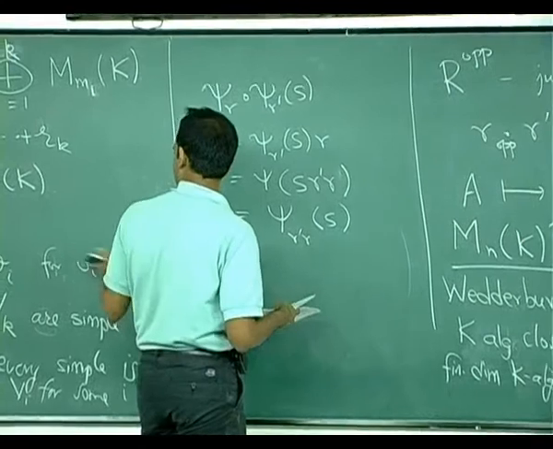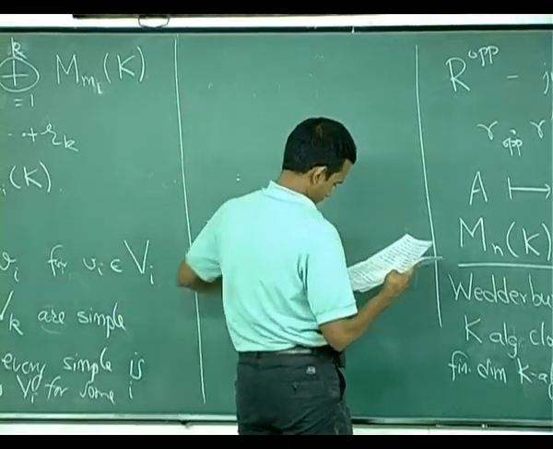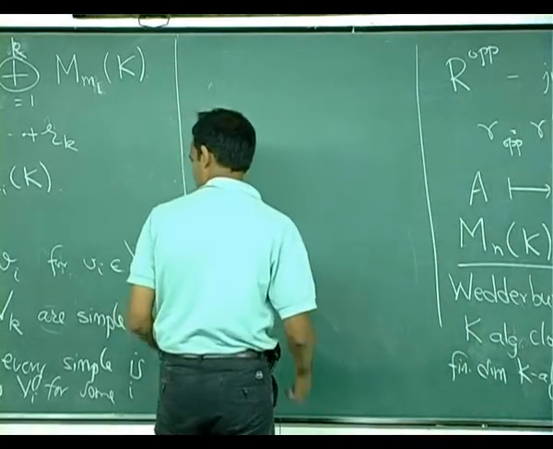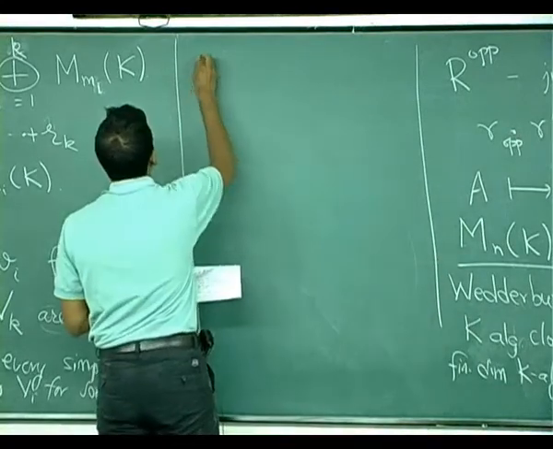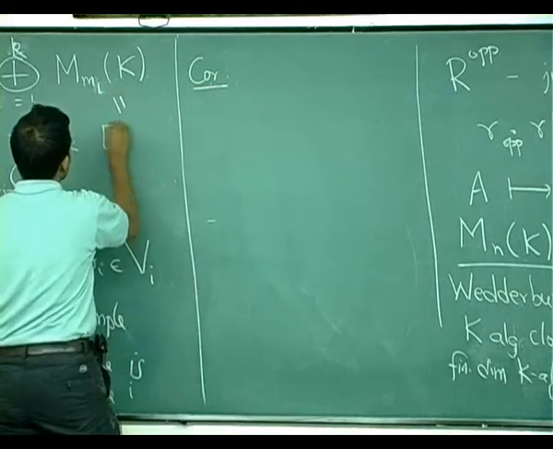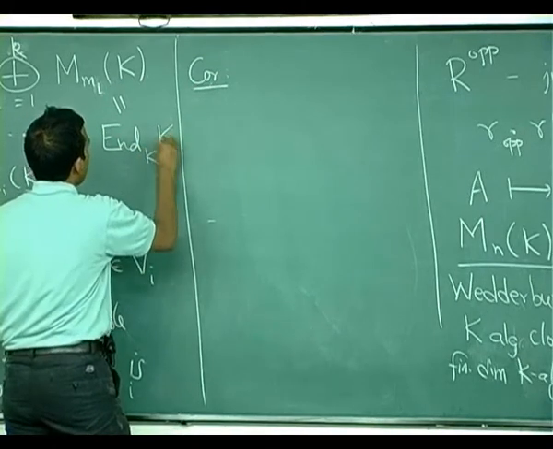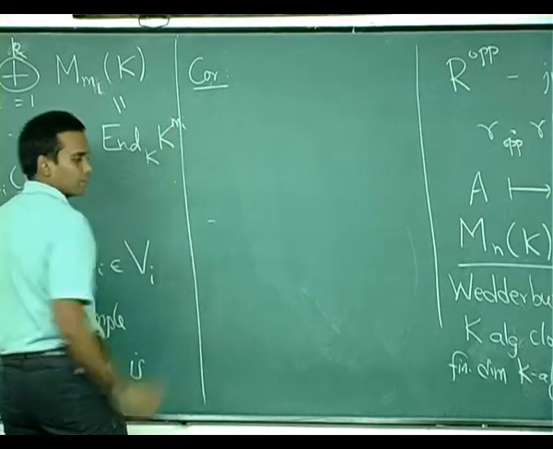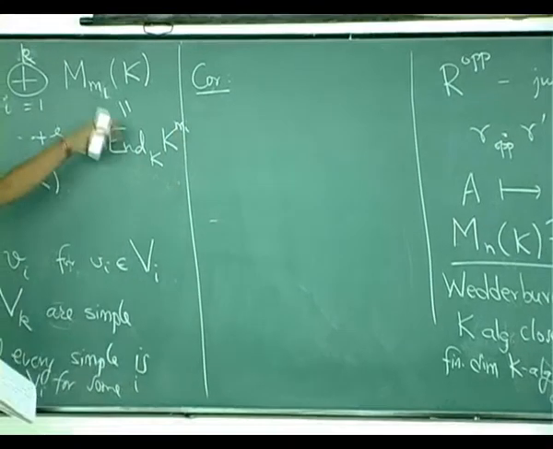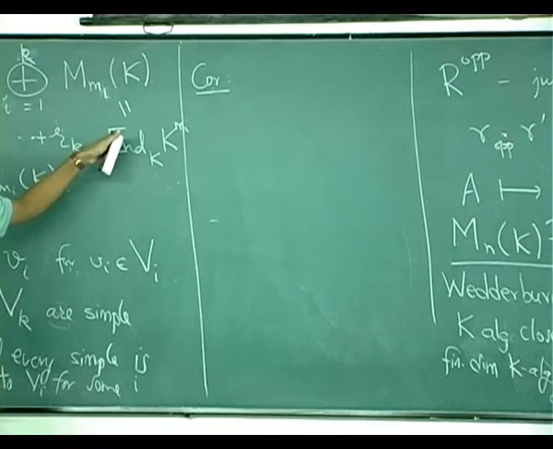And so what we have is, now you can think of this as the k-endomorphisms of k to the power m_i. As an algebra, this is the standard way of going between linear transformations and matrices.